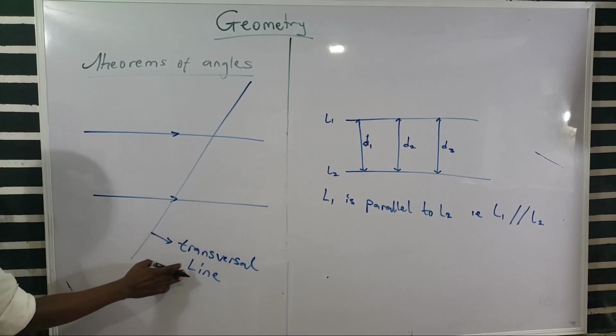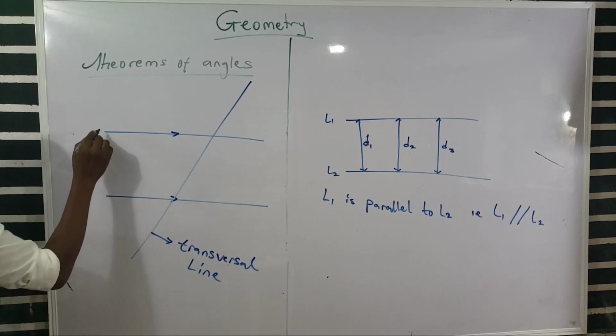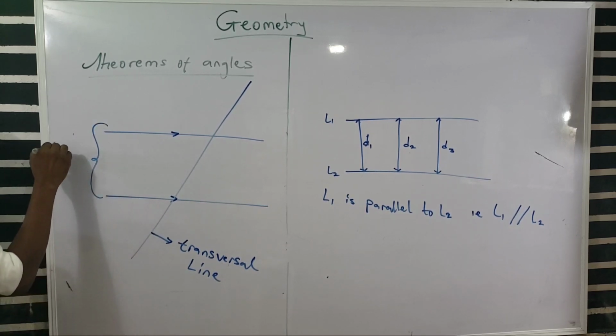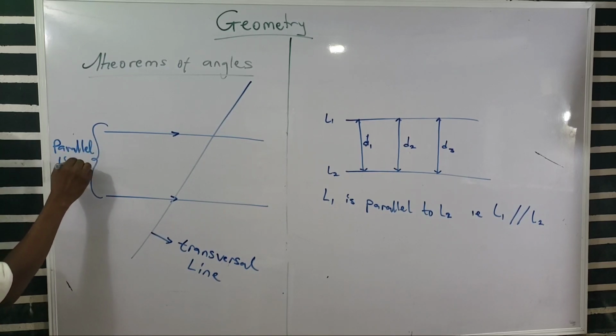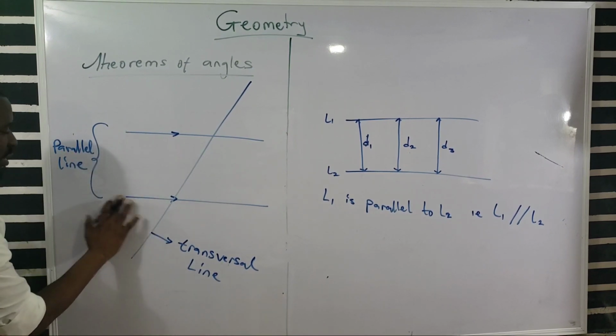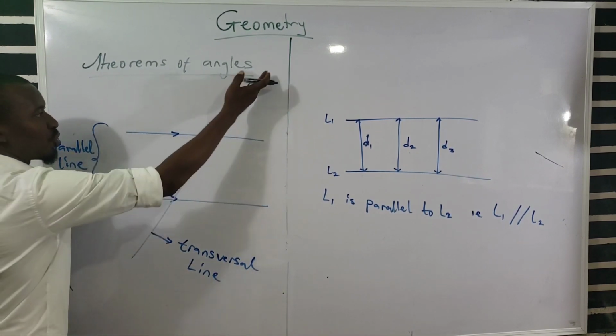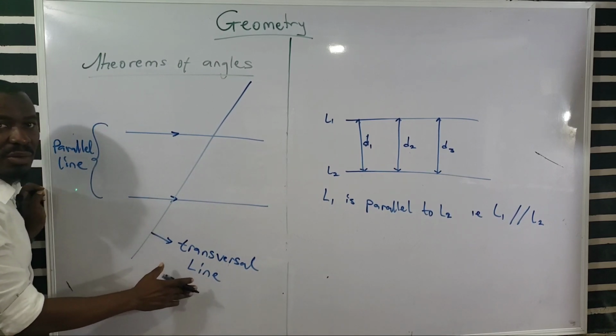They are called what? A transversal line. So these two lines here are called parallel lines. Then the line that cuts through the parallel lines is called a transversal line.